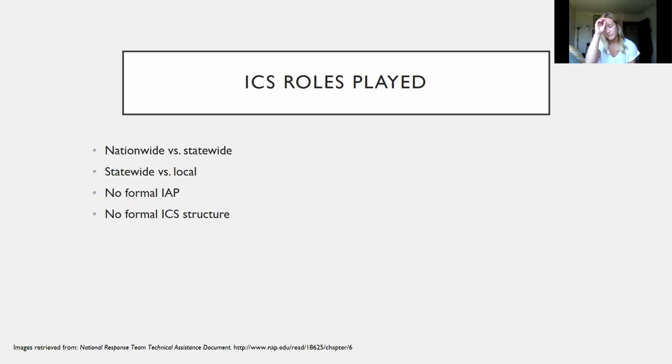So local governments took care of clearing out snow or responding to ice and rain, or people stuck in areas due to these things. But there was really no formal incident action plan, not even on a statewide level. And there was really no formal ICS structure.